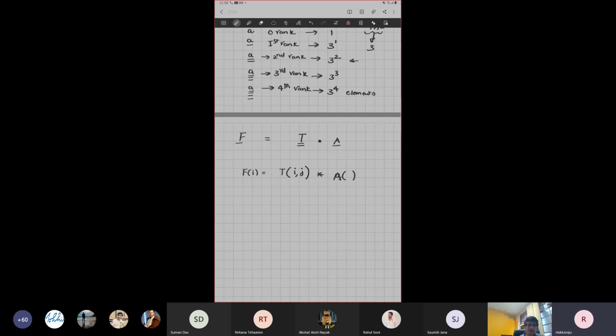What kind of product would I like to have? When I shrink it, condense it, Tij and a vector Ak, two of the components are supposed to get condensed. Maybe this one and this one are supposed to be condensed.